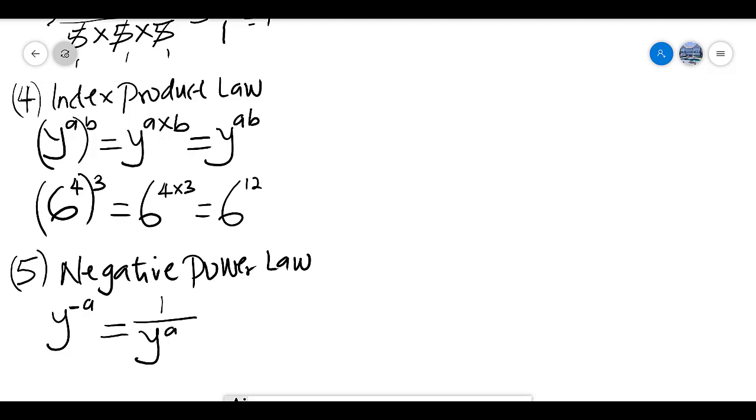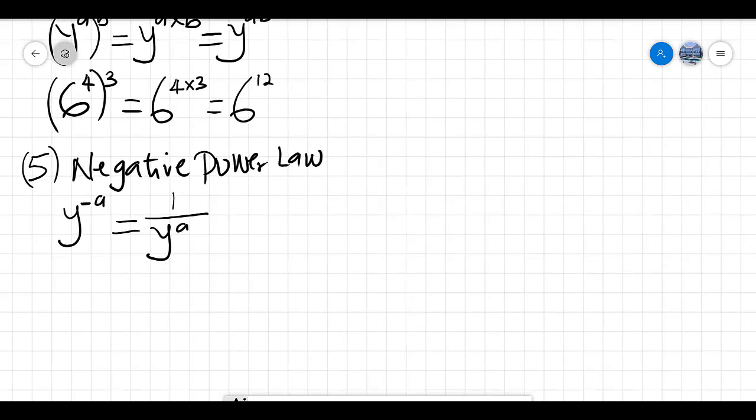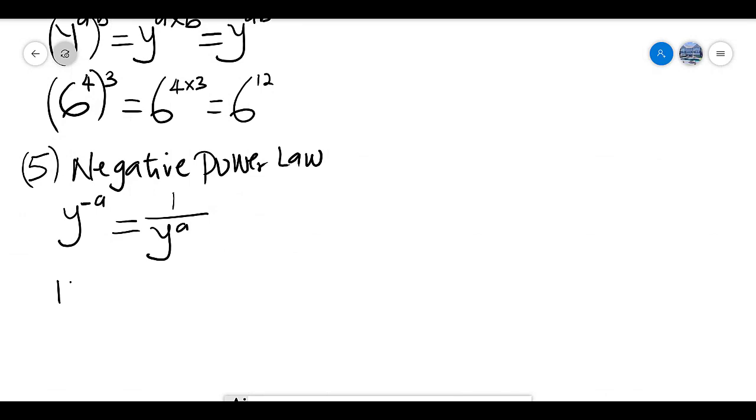So if you have something like 10 raised to the power of minus 6, according to our law, this is the same as 1 over 10 raised to the power of 6.